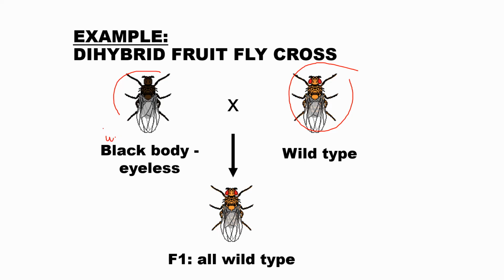So we use lowercase w versus capital W for the color. And for the eyes, it's either eyes or no eyes, so I'll say capital for eyes, lowercase for no eyes. Okay. So the offspring here is going to be, of course, heterozygous for both traits.